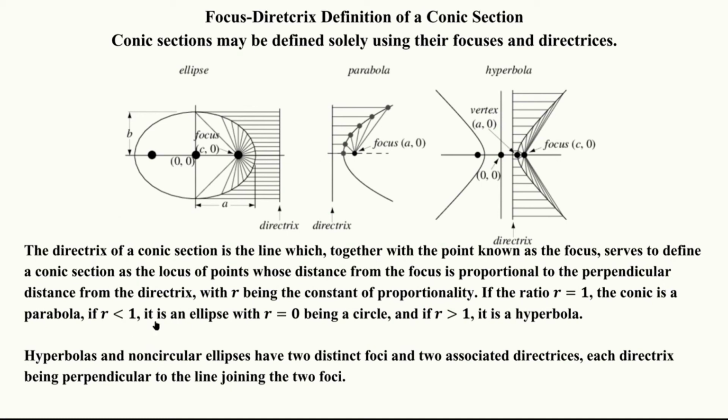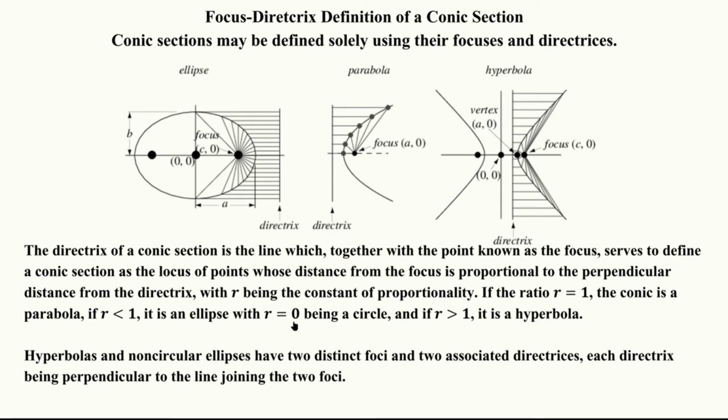If it's less than 1, notice with these, that length is always going to be less than that length. So when you divide the smaller length by the larger length, you're going to end up with a ratio which is less than 1, then you get an ellipse.